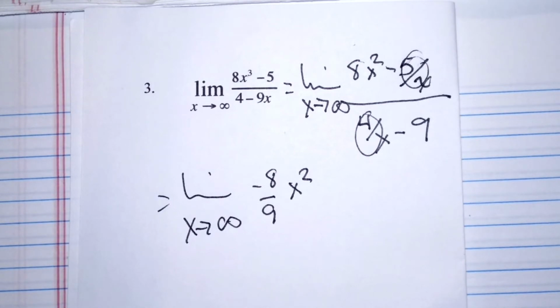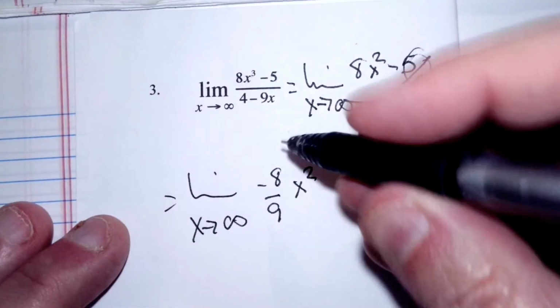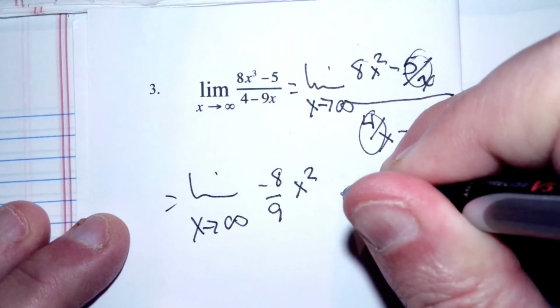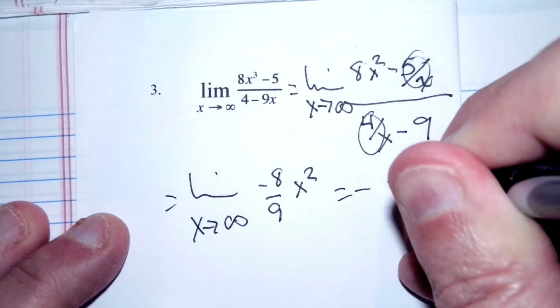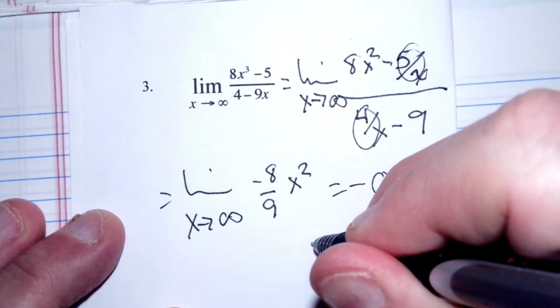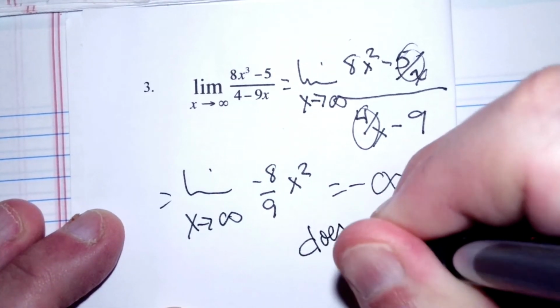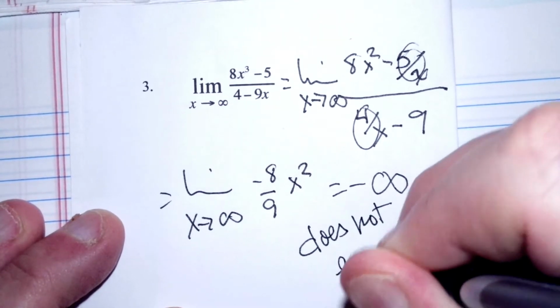Now what's going to happen to that as x gets big without bound? Well, x squared is also going to get big without bound. Then you multiply that by a negative value. If you want to say that this limit is negative infinity, I can live with that. If you want to say that this limit does not exist, I can live with that.